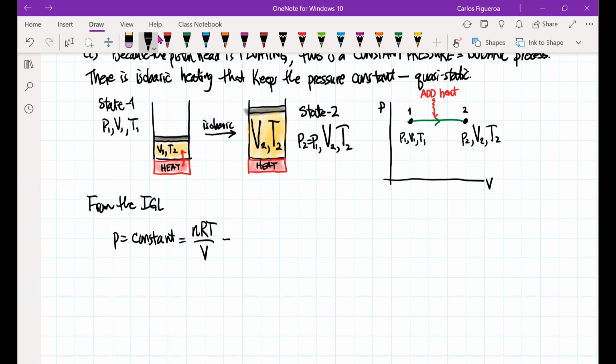So I can connect the temperature and the volume: if I increase the temperature, then the volume has to increase at the exact same rate. This is the isobaric condition.